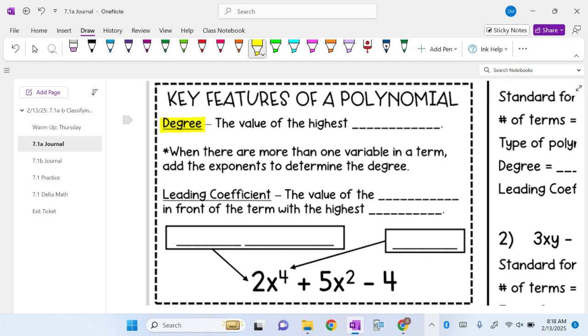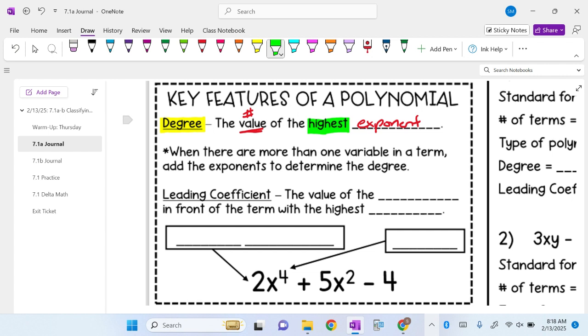This is actually not like temperature or an angle measure. It's completely different. All degree means in terms of a polynomial is the value, or the number, of the highest exponent. So it's the highest exponent in a polynomial.